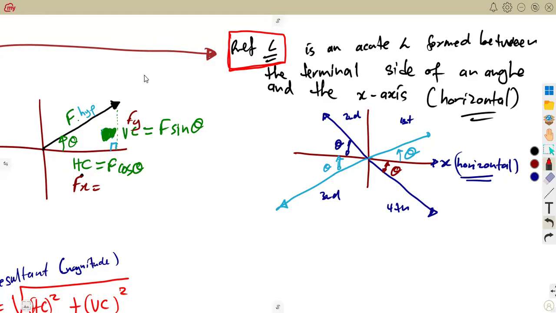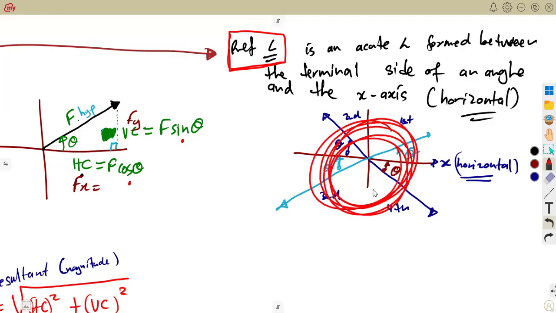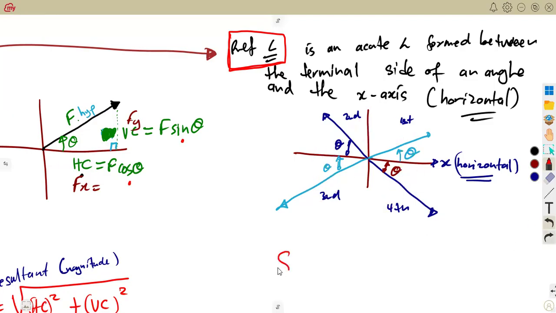I'm talking about the trigonometric functions, in this case sine and cos. So we must consider, in the quadrant that you are in, the relationship of sine and cos. Those are the two that we consider, remember, for horizontal and vertical.